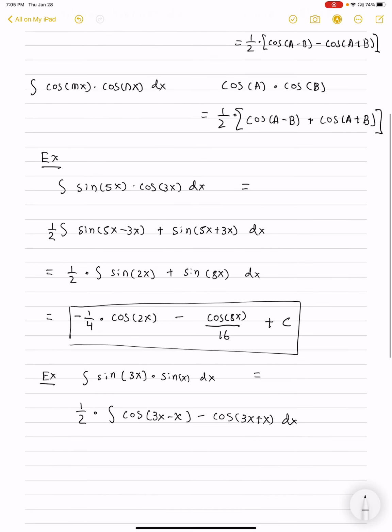So we'll get 1/2 times this integral of cosine of 2x minus cosine of 4x.